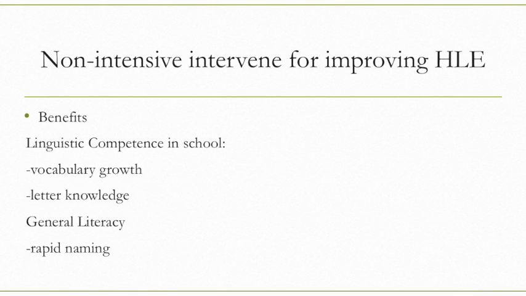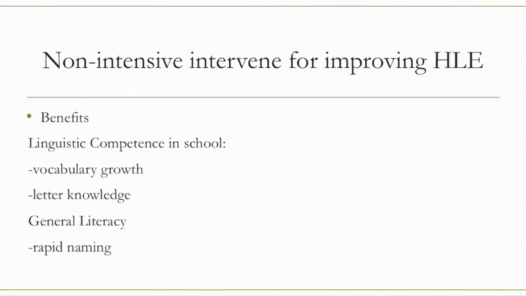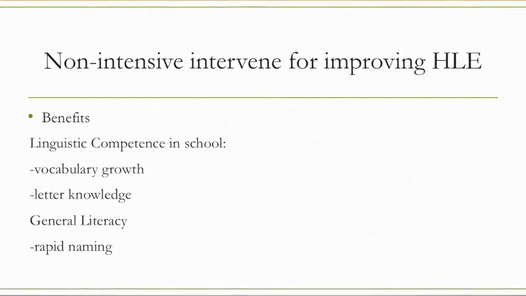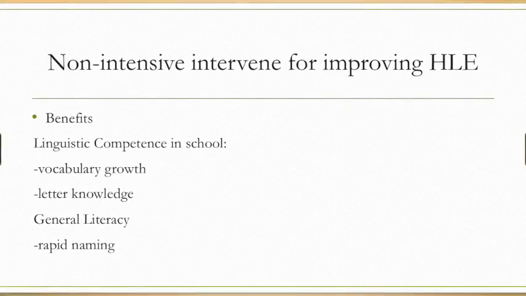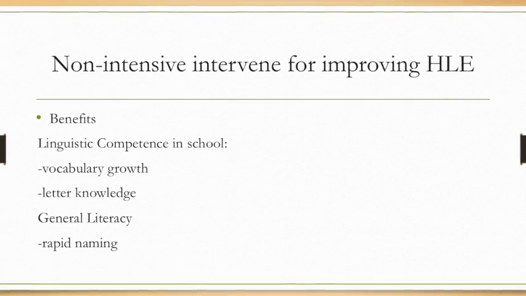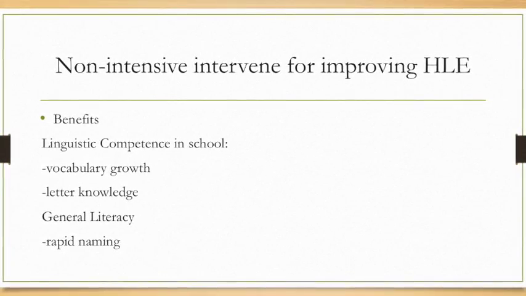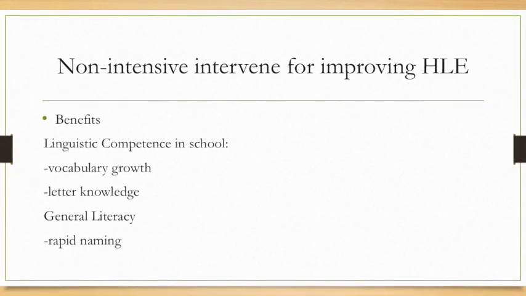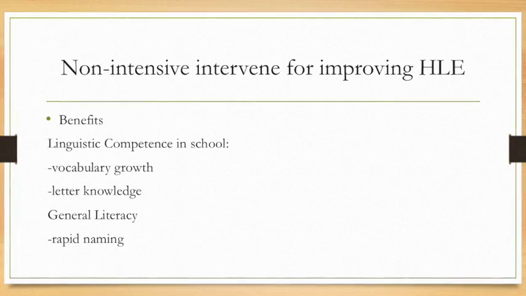The data of the study shows both steps benefit children's vocabulary growth and letter knowledge. Both of them are predictors for linguistic competency in school. Beyond expectation, children also develop rapid naming ability, which predicts overall literacy, not only linguistic ability, but also literacy in other subjects, like mathematical ability.